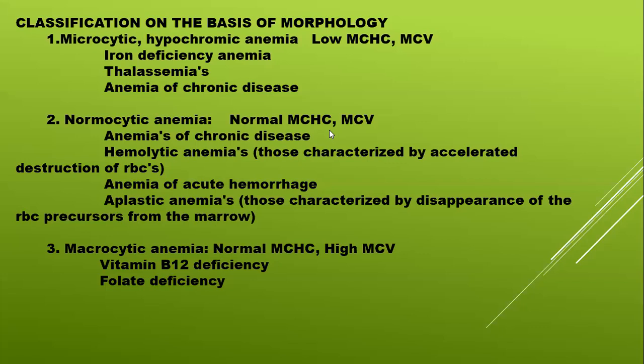Both MCHC and MCV are normal here, and examples are anemia of chronic disease, hemolytic anemias, anemia of acute hemorrhage or acute loss, aplastic anemia. Third type is macrocytic anemia, normal MCHC and high MCV due to the deficiency of vitamin B12 and folic acid.